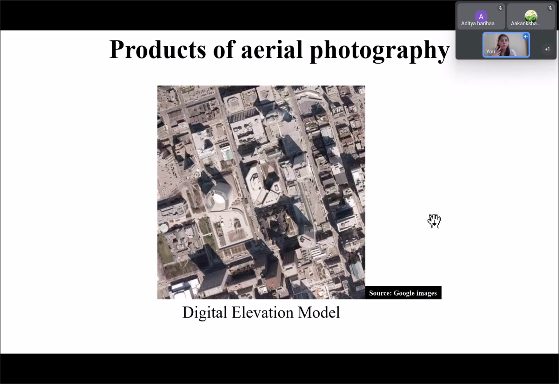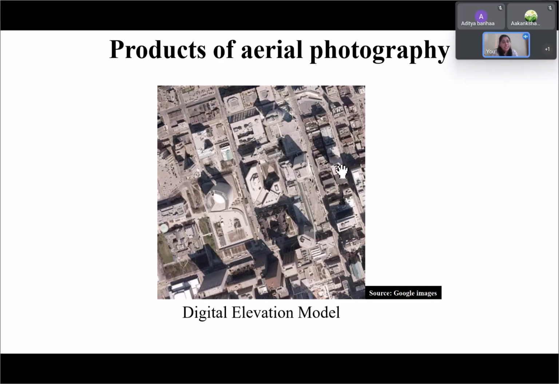You generate models of digital elevation, which is basically 3D models. So you will see some housing societies shown as 3D models. So it's basically digital elevation models. They have used the data that they have perceived, converted it to a 3D format, and generated a housing which looks exactly how it is supposed to be, like the height, the breadth, the width, everything.